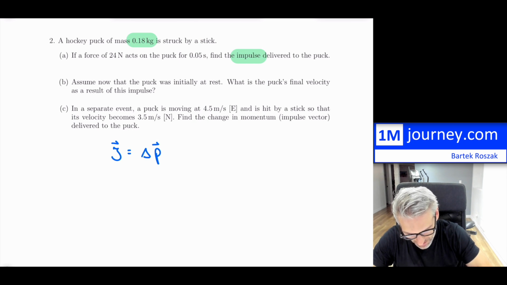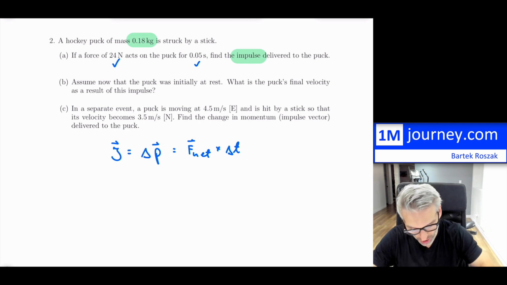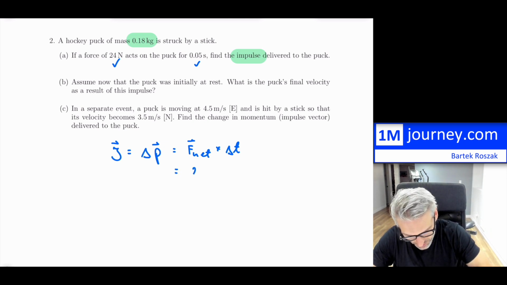It can be defined, because you have the force which is given to us and then the time, as the net force, and yes, you can have this as a vector, times the change in time. So this isn't very hard because we have 24 newtons multiplied by 0.05 seconds.